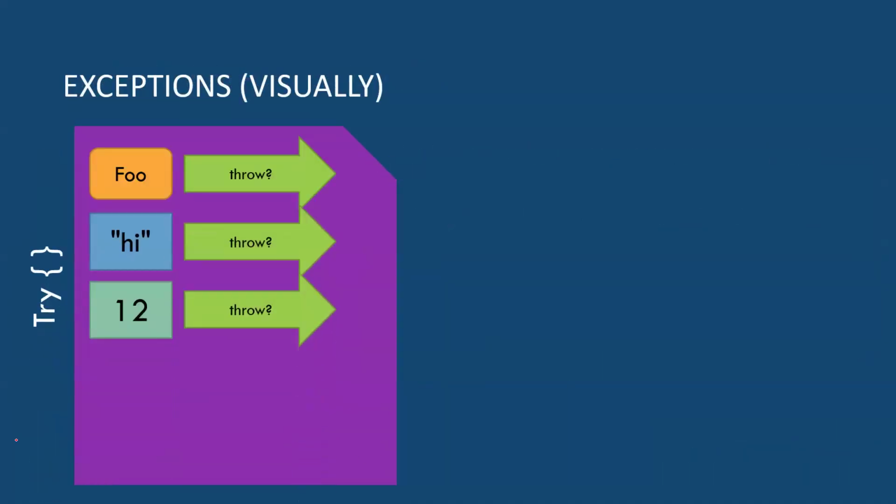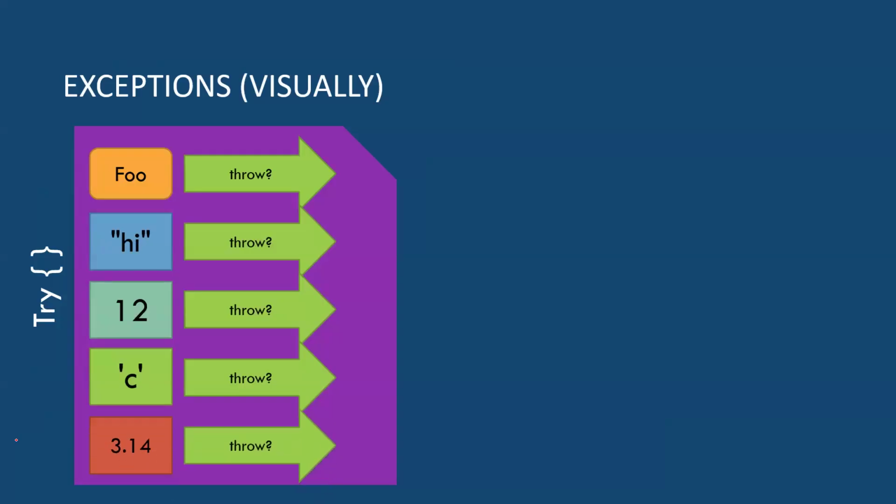So this is a silly graphic, but we could throw any kind of data, including, and this was to Luke's point, an instance of a class. So if I throw an instance of foo, now we have this open door where we can package up an instance that describes a lot more about what kind of error just happened.